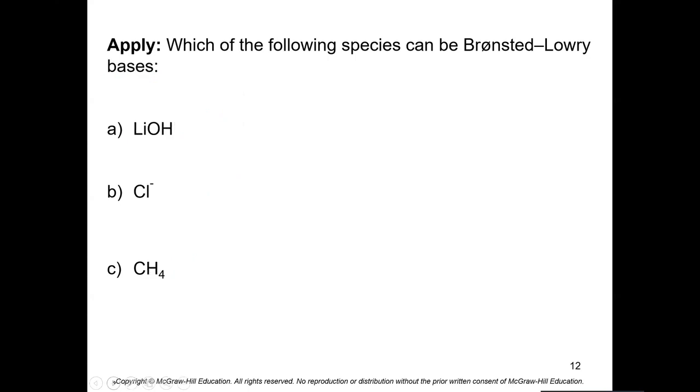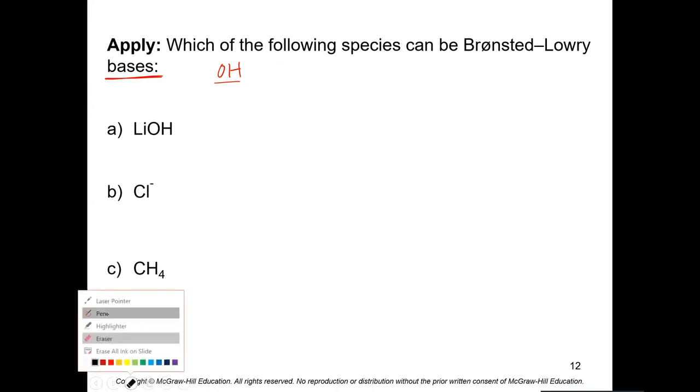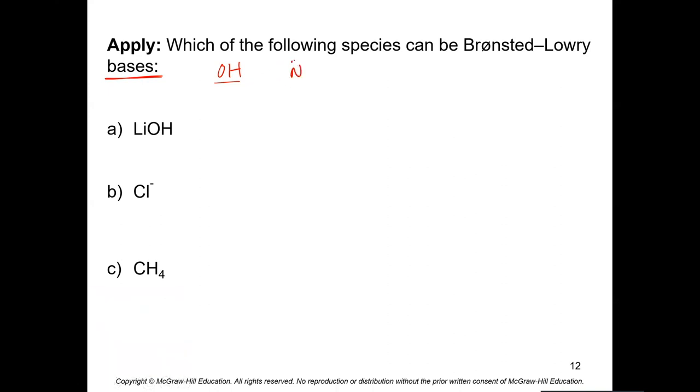Now they're asking to identify Bronsted-Lowry bases. Well, a base just either needs to have an OH group, typically seen with ionic compounds, or it needs to have an ion that has plenty of lone pairs on it, maybe something like what we've seen so far, which is nitrogen, which has its lone pairs there and maybe 3 bonds. But it has those lone pairs.